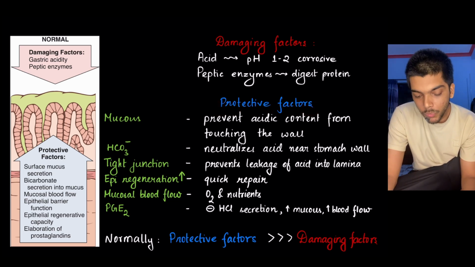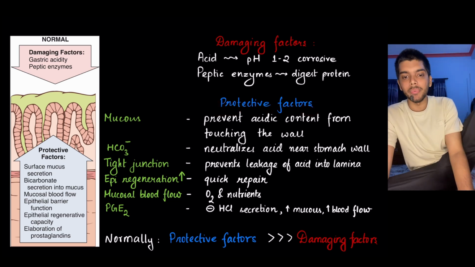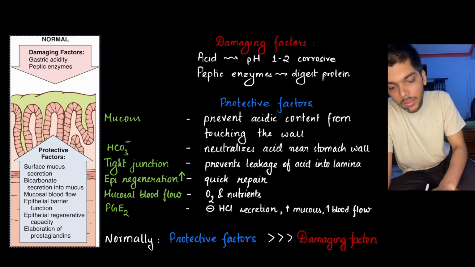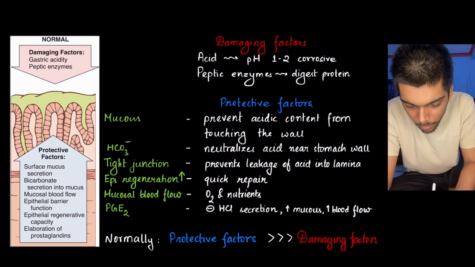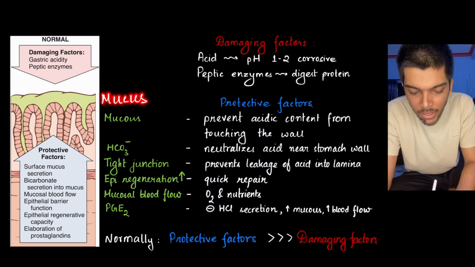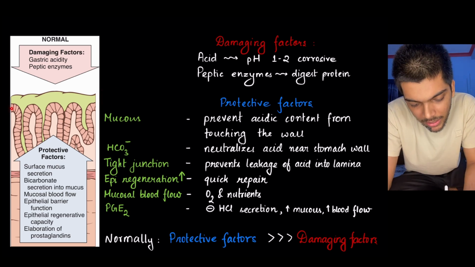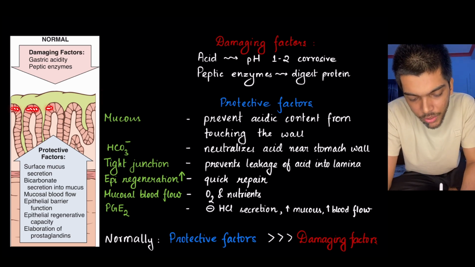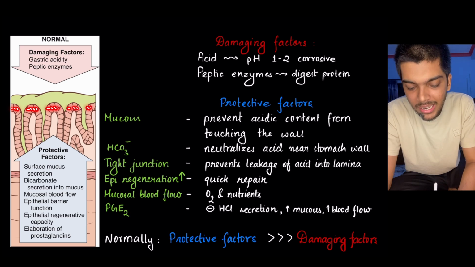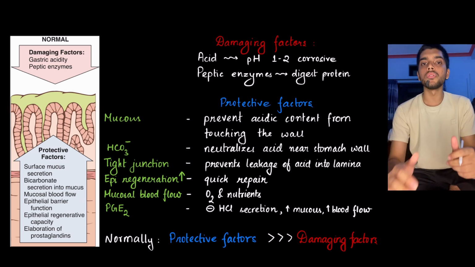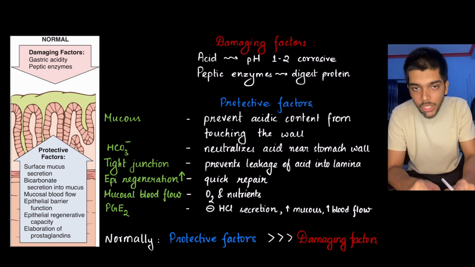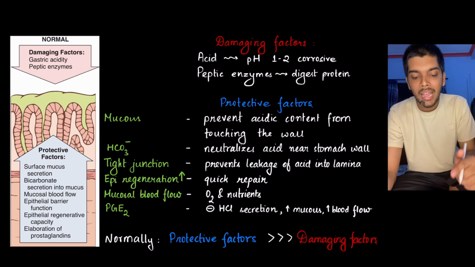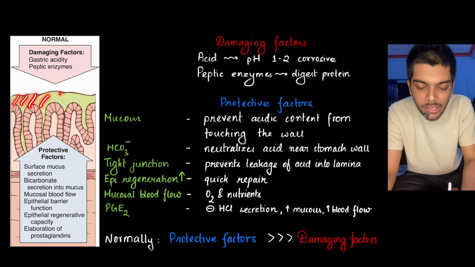But working against these damaging factors are the protective factors. So these are the protective factors present from inside to outside. This green layer that you see right here is nothing but mucus. Mucus is secreted by the surface epithelial cells, also known as the foveolar cells, lining the wall of the stomach. And this thick layer of mucus, what does it do?